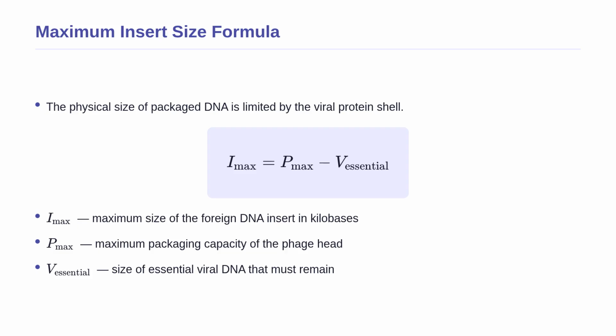Here, Imax represents the maximum size of the foreign DNA insert we can add, measured in kilobases. Pmax stands for the maximum packaging capacity of the phage head, typically around 52 kilobases. Finally, V essential represents the size of the essential viral DNA that must remain for the virus to function. Physically, if we engineer a vector with less essential DNA, the available room for our custom insert increases proportionally.